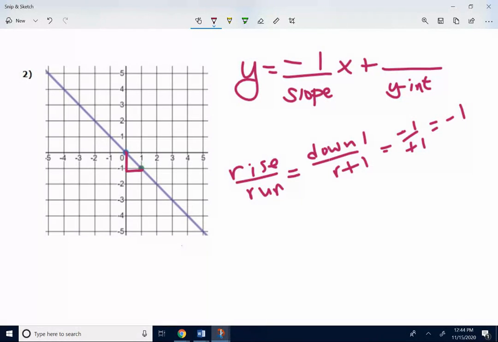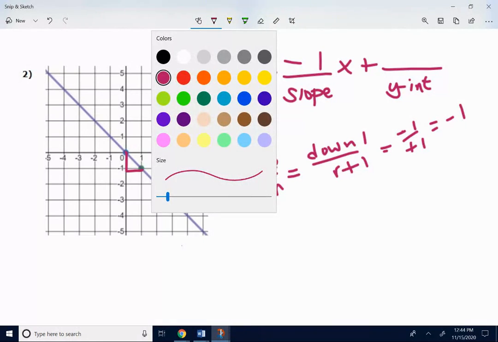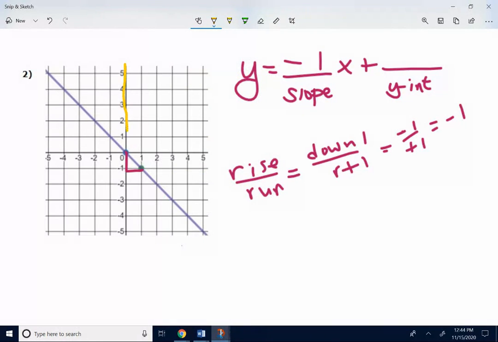So negative 1's my slope. My y-intercept just means where does my line cross my y-axis? Okay, here's my y-axis. The line, my purple line, is crossing the y-axis right here. Okay, there's my purple line. It's crossing the y-axis right there at 0. So my equation is y equals negative 1x plus 0.